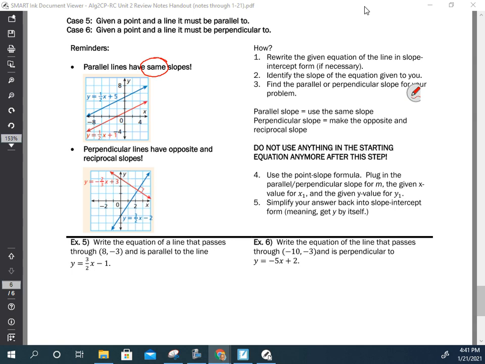So remember, parallel lines have the same slope. If the blue line has a slope of 1/2, the red line has a slope of 1/2. So if it's parallel, they have to have the same slope. Perpendicular lines have opposite and reciprocal slopes. Notice the red line has a slope of -2/3.